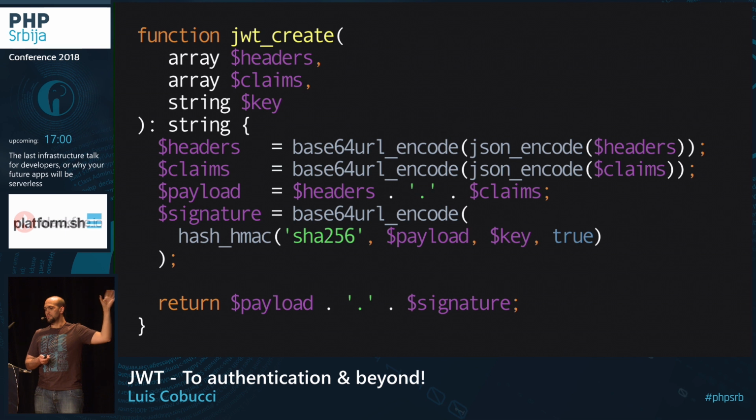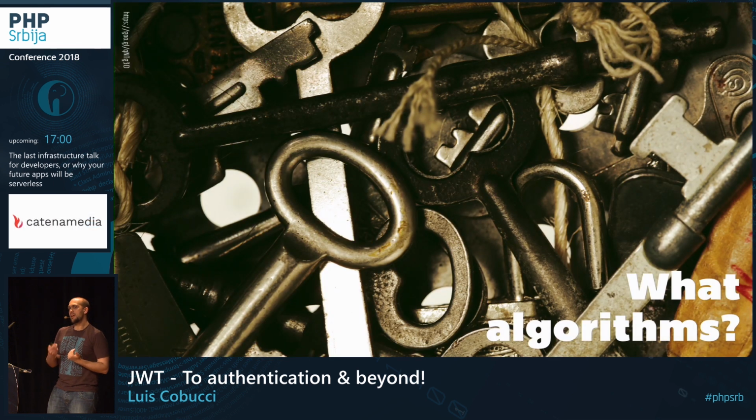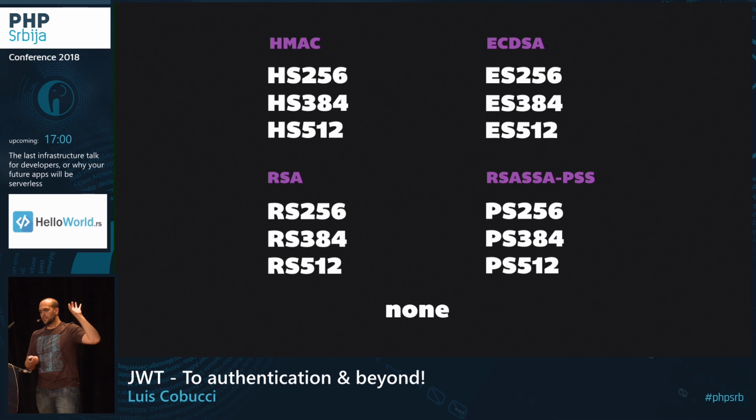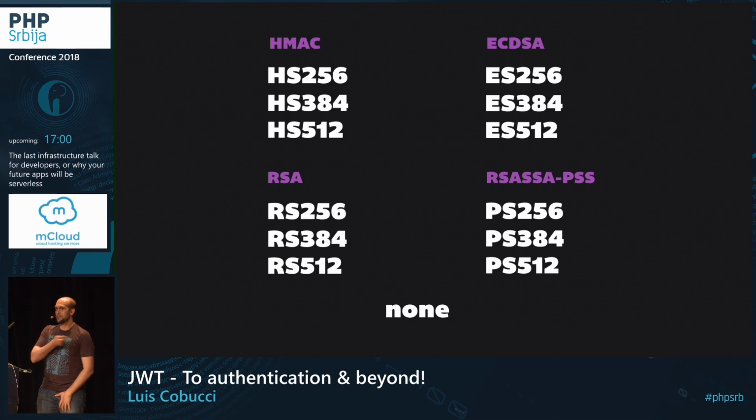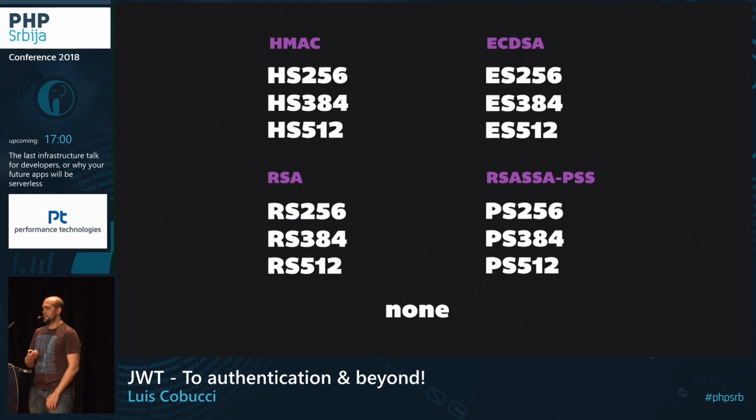This algorithm is the HMAC SHA-256. Do we have more algorithms? Yes, we do. So for signatures, we have this list of algorithms. The specs about the algorithms that you can use to sign JSON Web Tokens give you some recommendations.